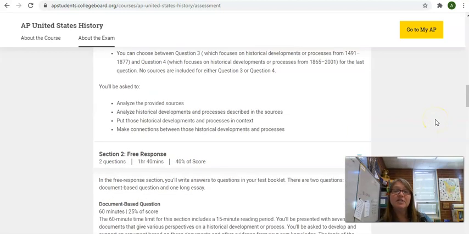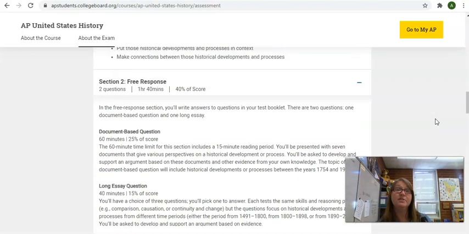The final section of the AP exam, which is 3 hours and 15 minutes in total, is the 2 free response questions, and that is worth another 40% of their score. The first one is the document-based question. We call it the DBQ, and they have 60 minutes to analyze 15 documents and respond to a prompt with a defensible historical argument that includes not only the documents but also their understanding of history.